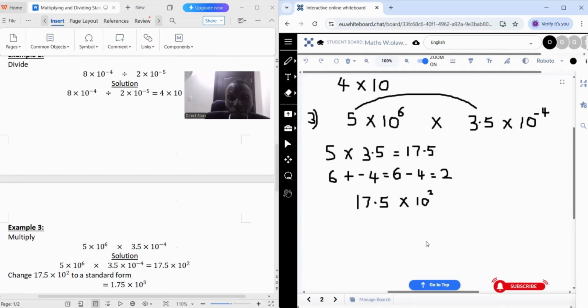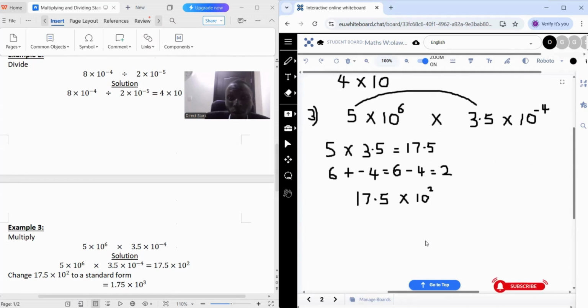So what we're going to do here is to make 17.5 smaller, meaning that we're going to reduce it by 1 decimal place. So 17.5 becomes 1.75. Making 17.5 smaller by 1 decimal place means that we are going to add 1 to the power.